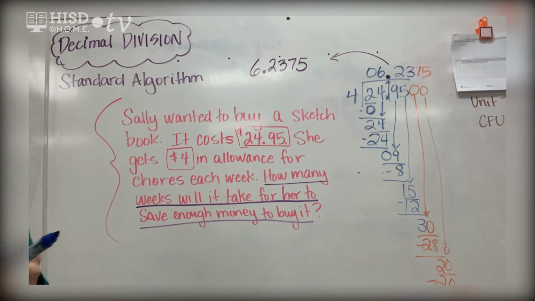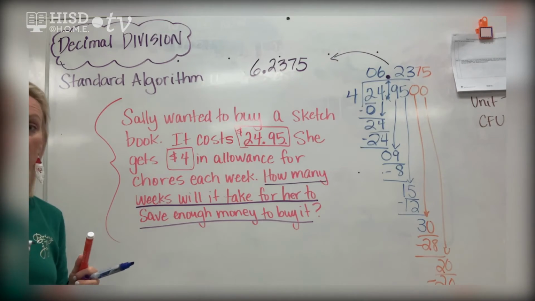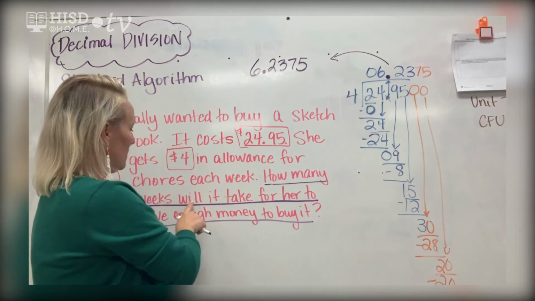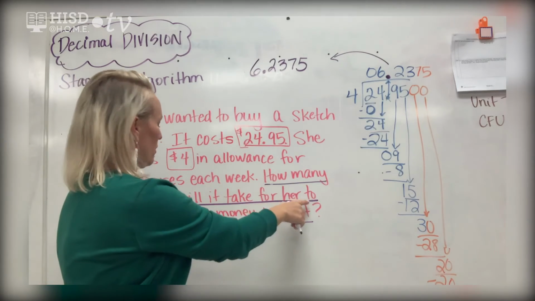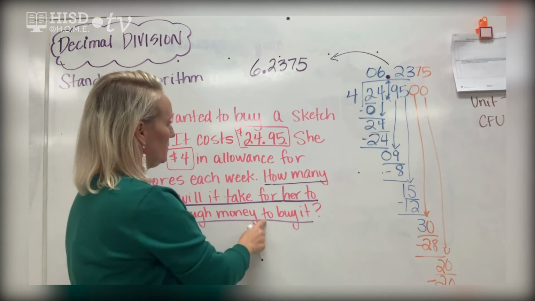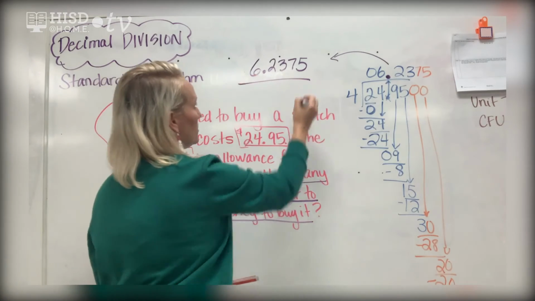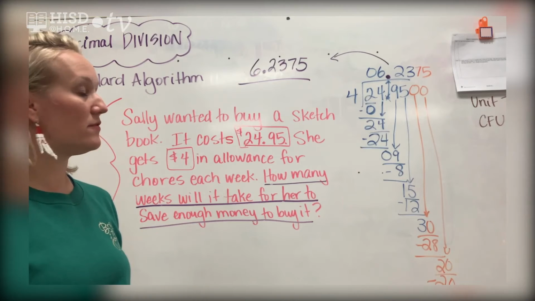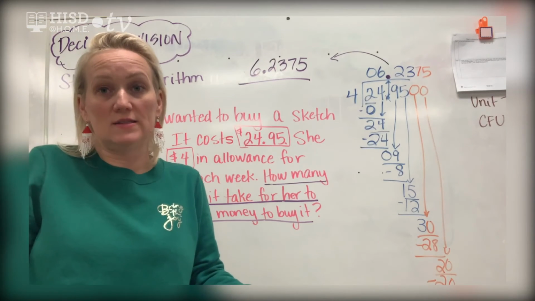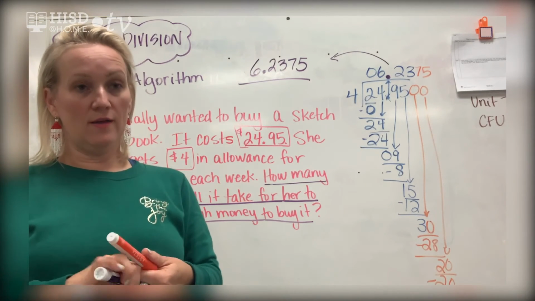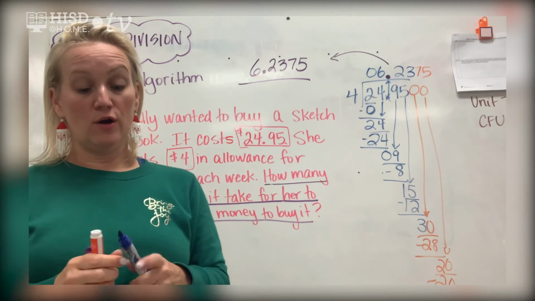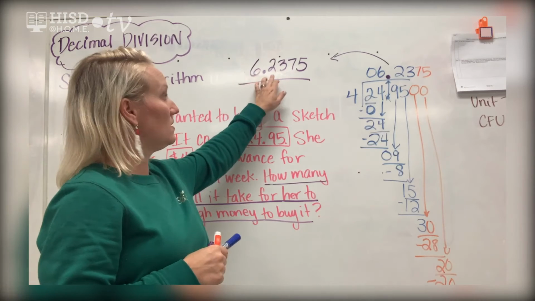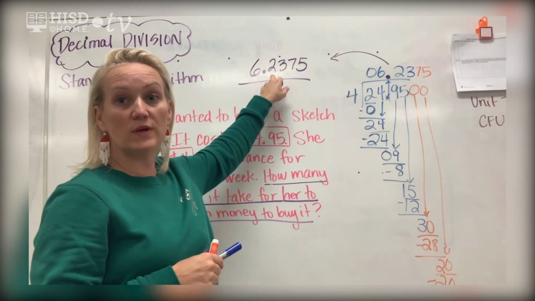Now, let's go back to the problem and really think about what they're asking us. How many weeks will it take for her to save enough money to buy it? Our answer is 6.2375. So what is 6.2375 weeks? I don't know what that is, but I do know that it won't take her 6 weeks because it's going to be longer than 6 weeks, right?